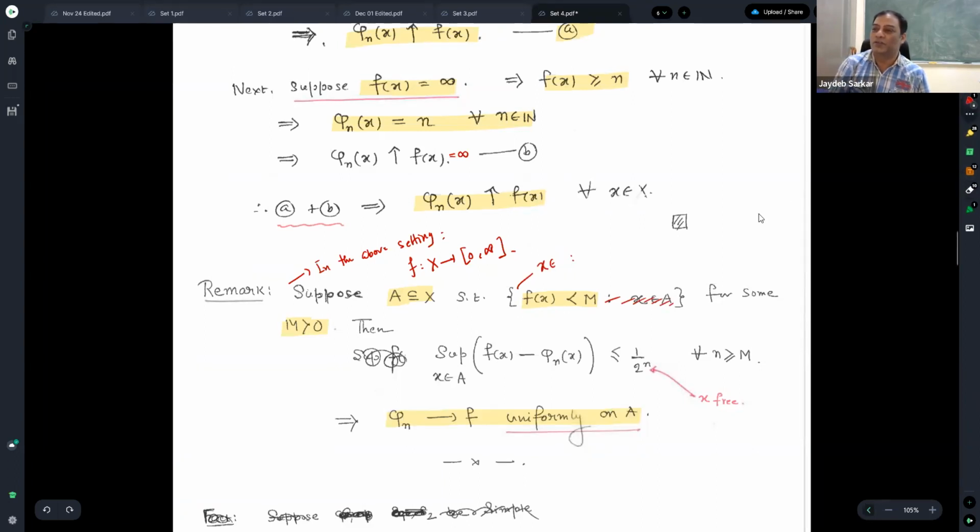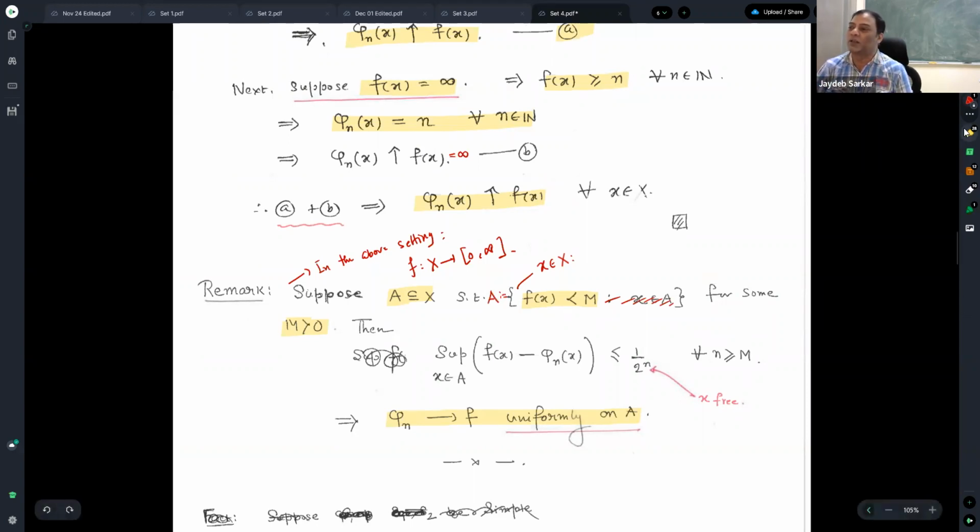This is capital X. A is a subset of X that collects those points such that f is uniformly bounded by M.